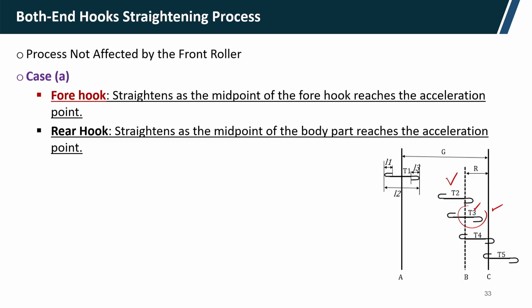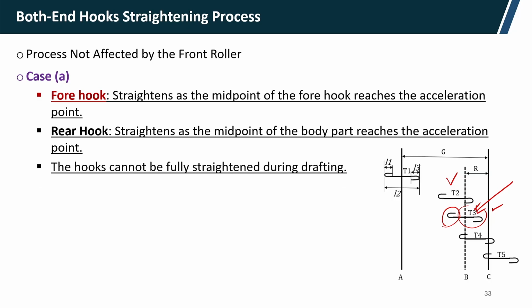That means front roller action is not there; the body portion is moving at the speed of the front roller at T3, because the midpoint reaches the accelerating point, and the trailing hook is actually moving at the speed of the back roller. So, it gets straightened.